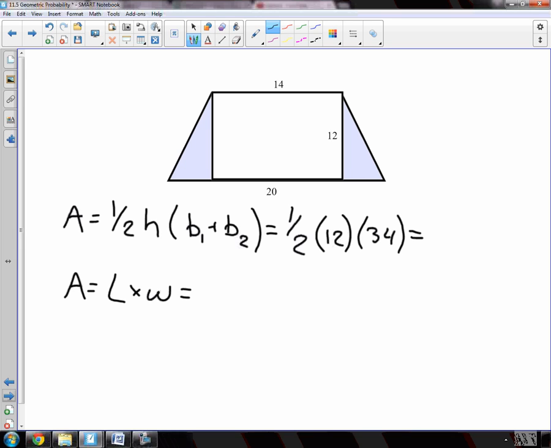Mike, can you tell us what you get when you multiply those together? When you multiply 12 and 34, and then divide by 2. 204. So that gives us the area of our trapezoid.